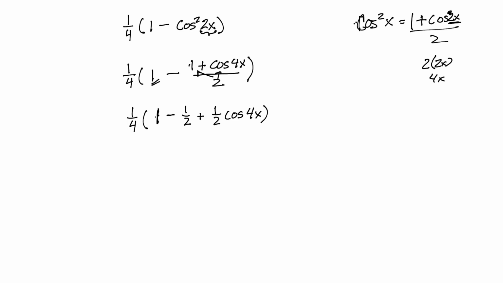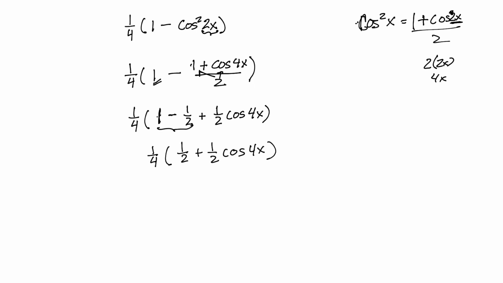So now I can combine these two together. 1 minus 1/2 is 1/2. So I have 1/4 times 1/2 plus 1/2 cosine 4x. And then distribute the 1/4. That leaves me with 1/8 plus 1/8 cosine 4x.